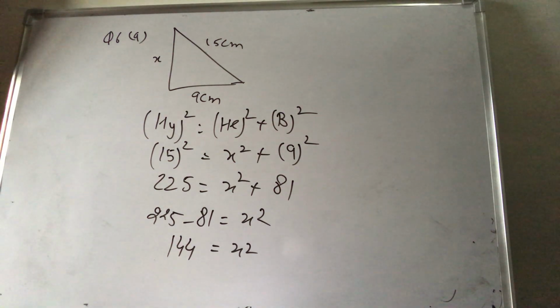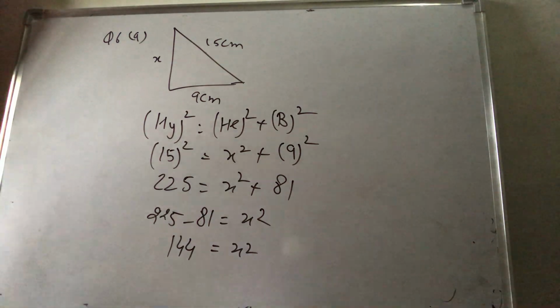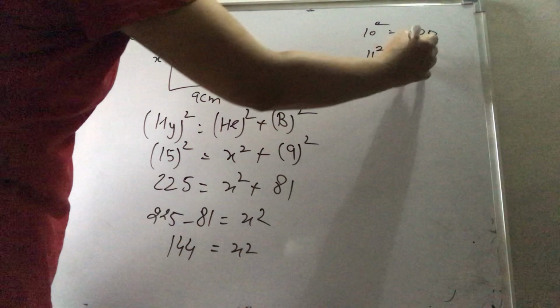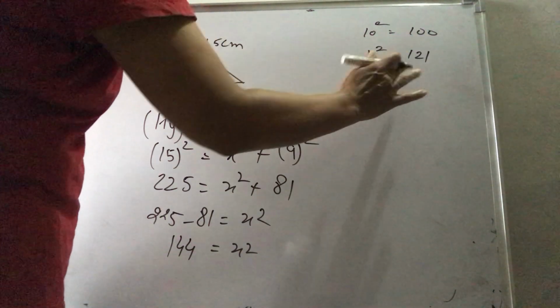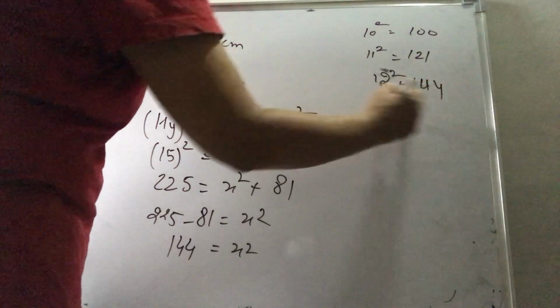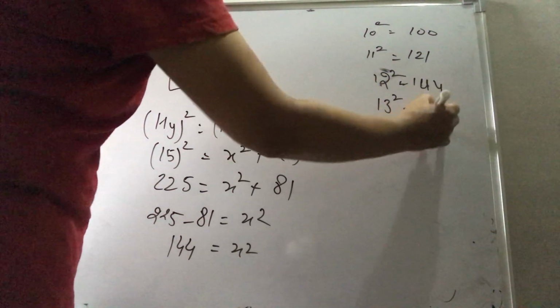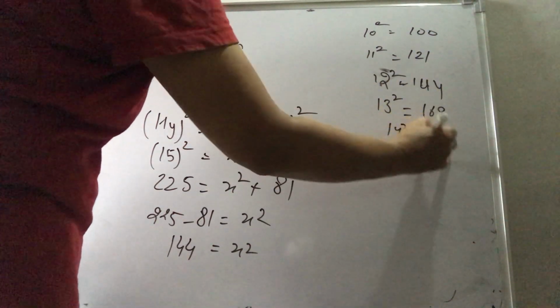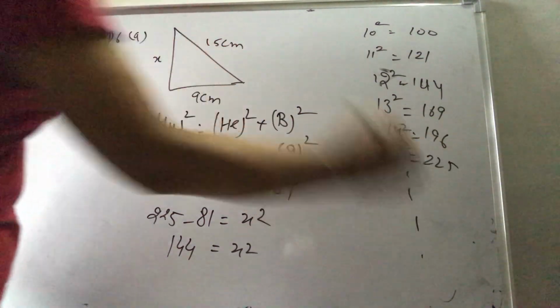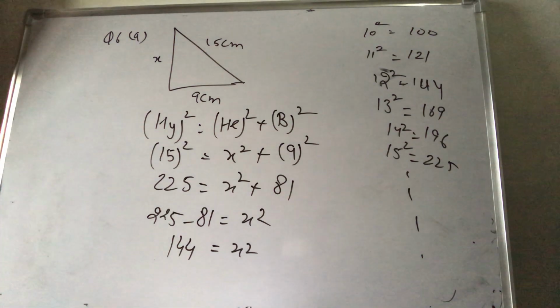For that, we have to learn the squares of first few numbers. As we know, the square of 10 is 100, square of 11 is 121, the square of 12 is 144, the square of 13 is 169, square of 14 is 196, square of 15 is 225. Like that, you have to learn the squares of few numbers, at least up to 25.